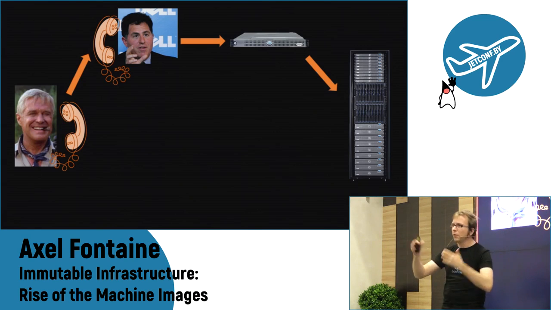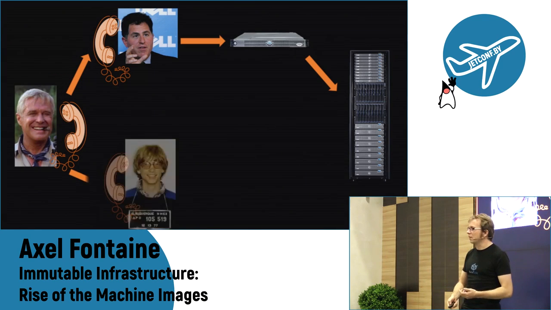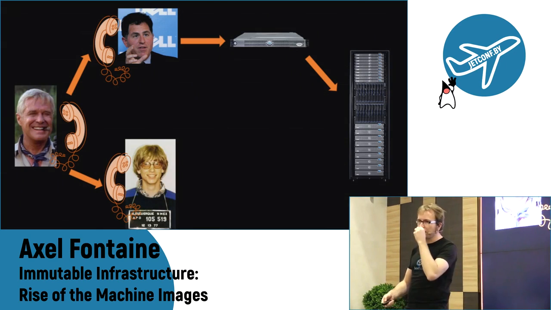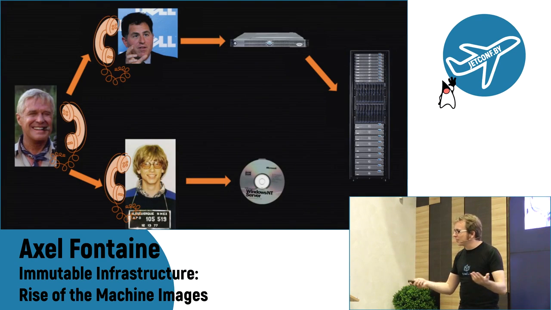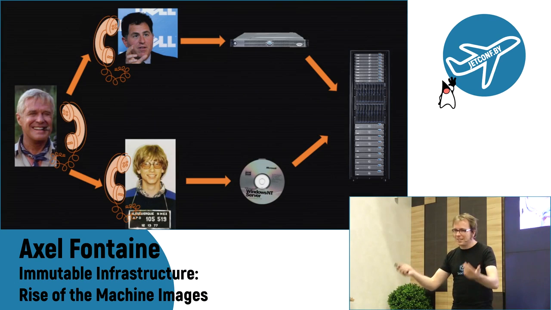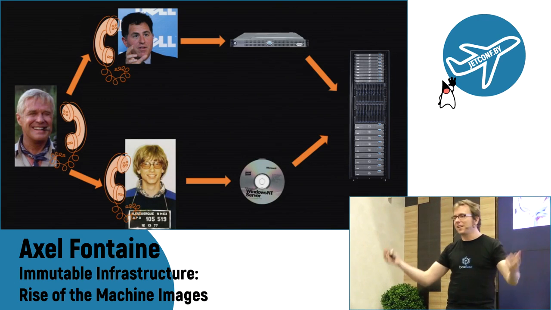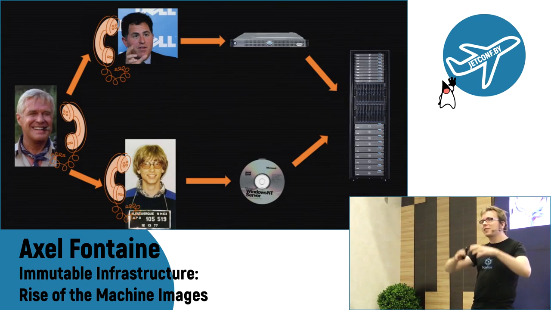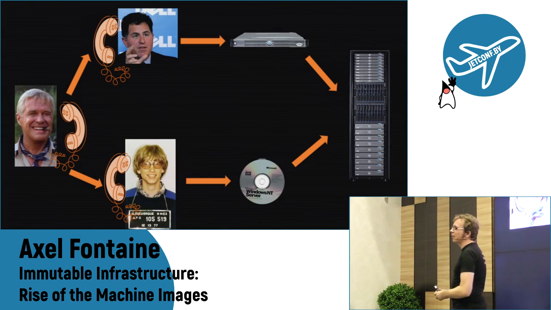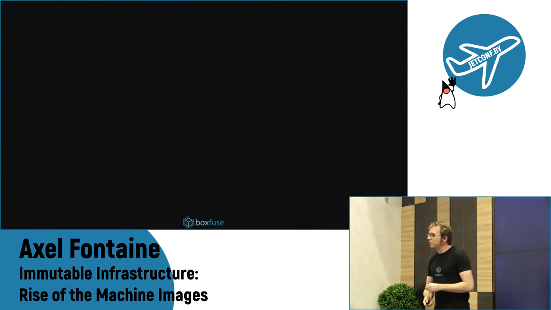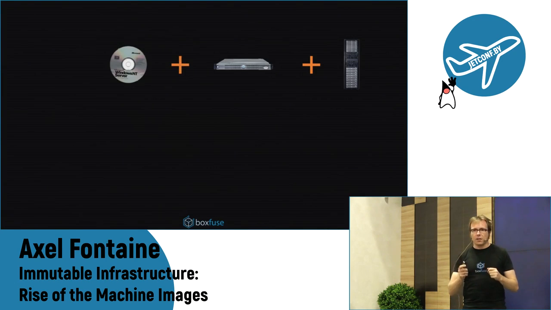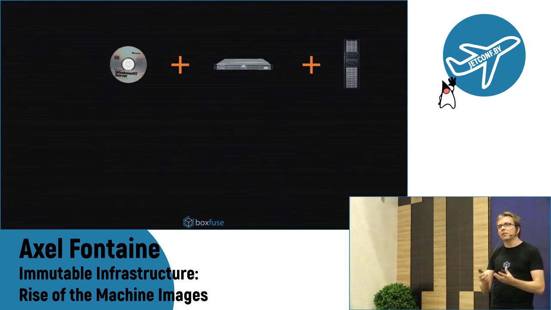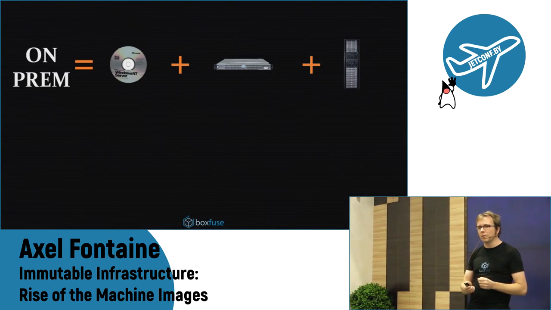Still doesn't work. So he gets back on the phone and calls a young criminal from the western coast of the United States that then delivers him some criminal software, which then gets installed and patched, and off we go. If you look at this picture, we really have 3 main components: the data center, the hardware, and the software, and all that together is really the classic on-prem model.